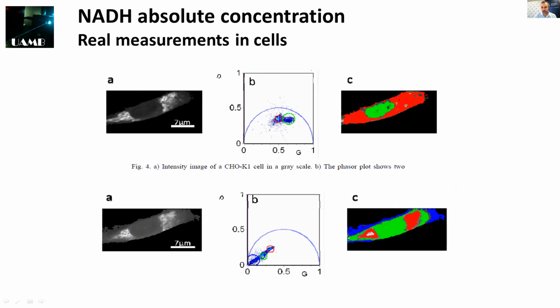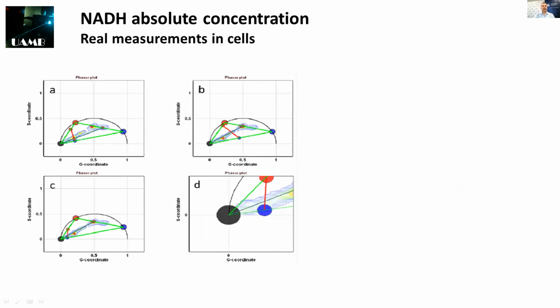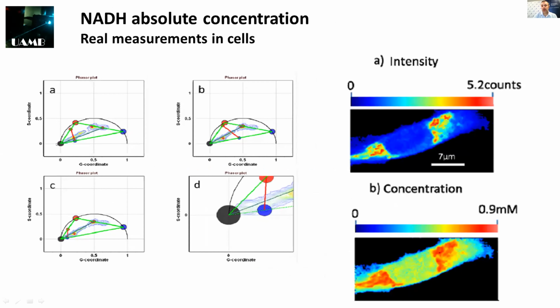We know that there are some enzymes that use NADH and also NADPH, because we cannot discriminate between NADH and NADPH in this experiment. So then we analyzed this and made a scale to color the range of the concentration. And basically, after all, the story ends up measuring the concentration of NADH in the whole cell with pixel resolution in an in vivo cell.